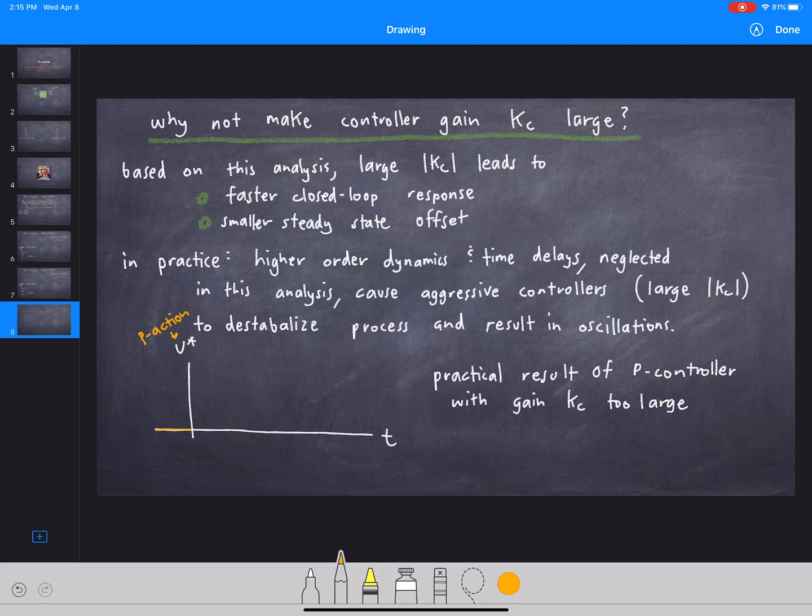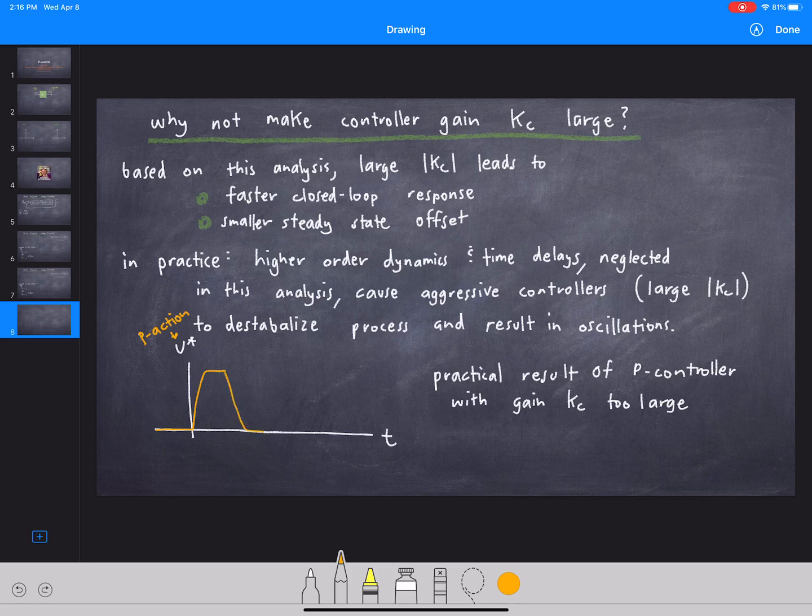If you have too aggressive a controller, your control action will shoot up, and basically the control valve will fully open. Then it will shoot down, and your control valve will remain fully closed.